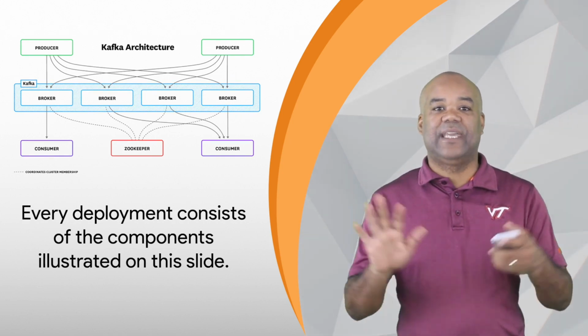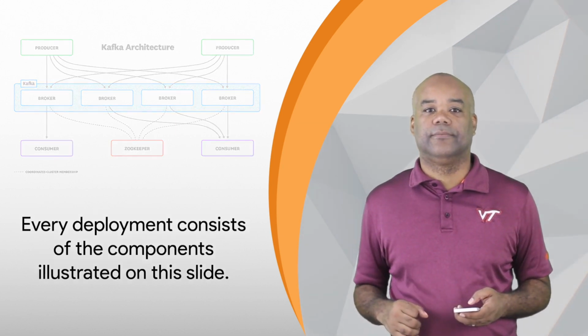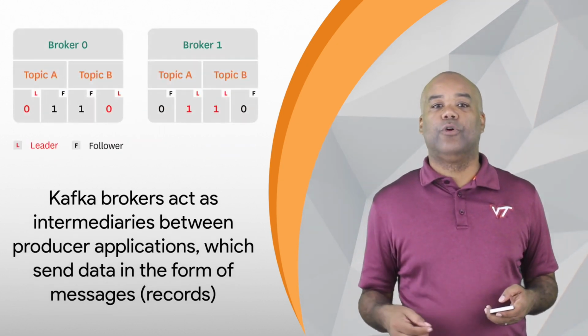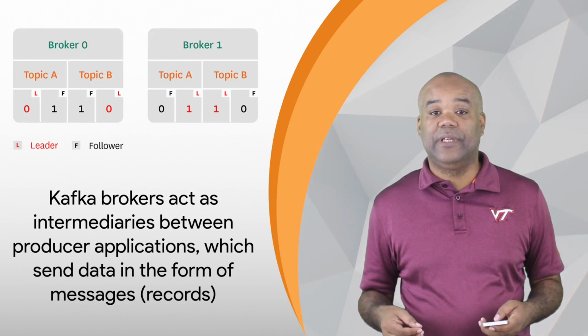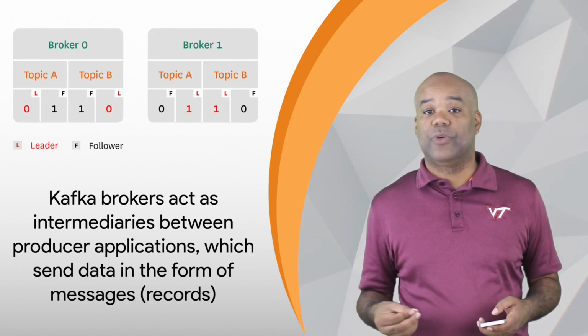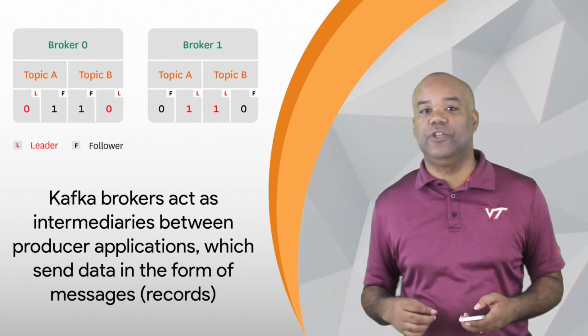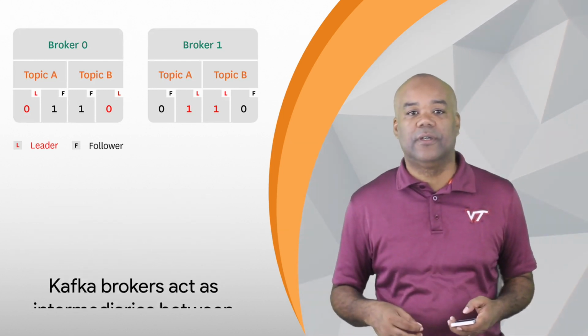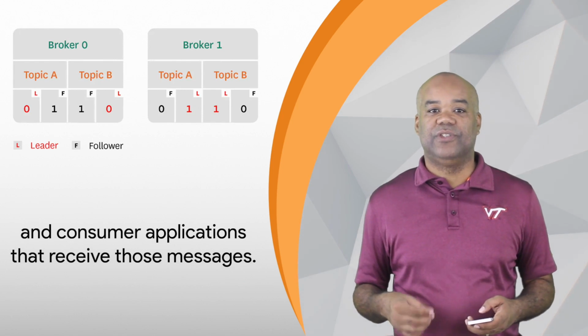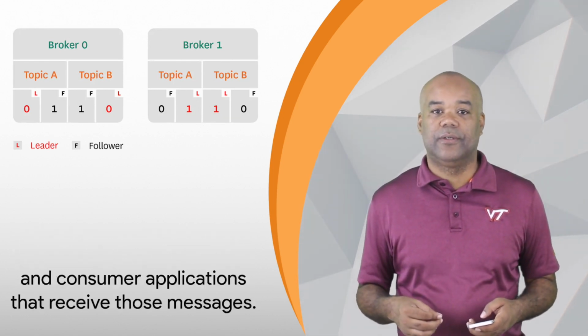That's the landscape for Kafka. Kafka brokers act as intermediaries between producer applications, which send data in the form of messages, in the Kafka universe, we call them records, and consumer applications that receive those messages.